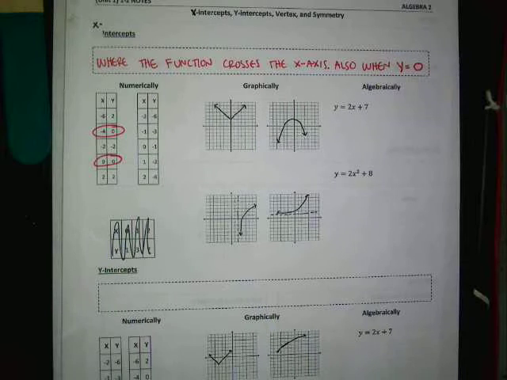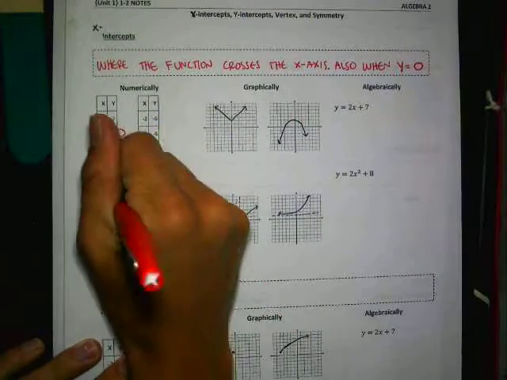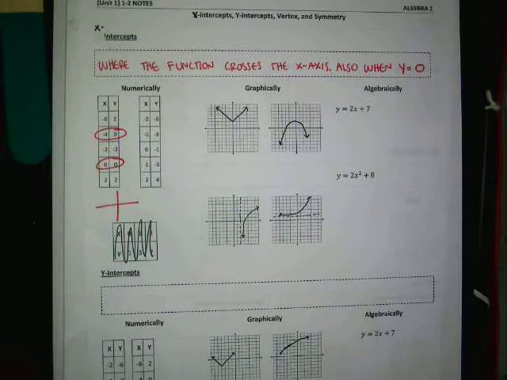So when you're given a table, you're only given a piece of information. So it might be a good idea to just sketch the graph of it as a whole, just to make sure you're not missing anything. Because like I said, a table only gives you a little bit of information as opposed to the whole thing. So I always recommend, if you're given a table, just to plot out the points real quick.